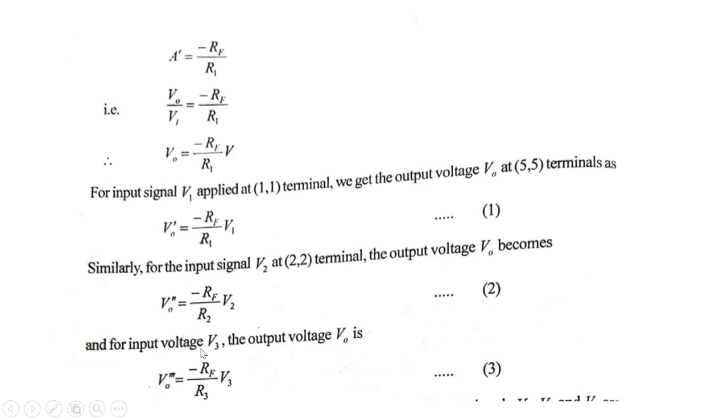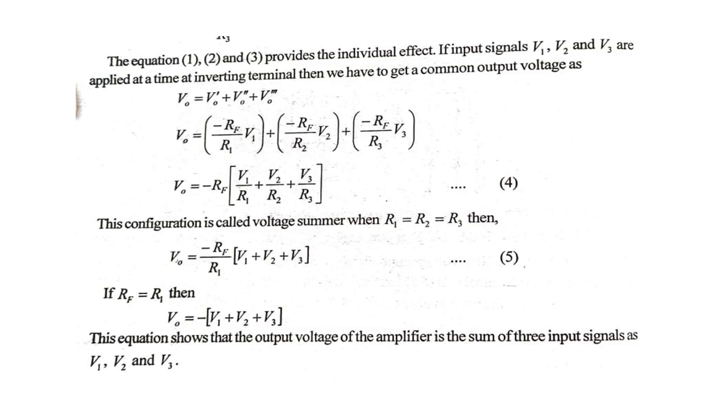And for input voltage V3, the output voltage is V0''' = -(RF/R3) × V3. Equations 1, 2 and 3 provide the individual effects.